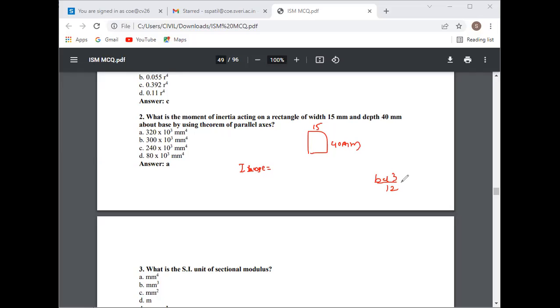No, B D cube divided by 12 gives 80 into 10 raised to 3 mm raised to 4. But here the option given is 320 into 10 raised to 3. So which one is correct?